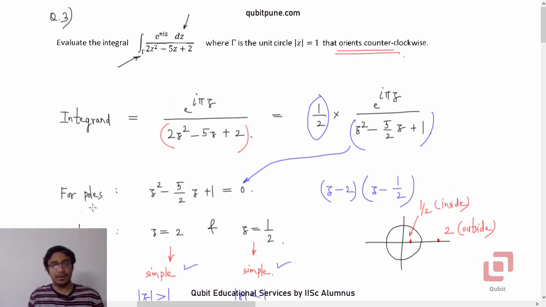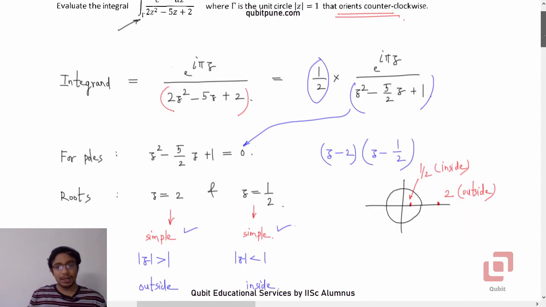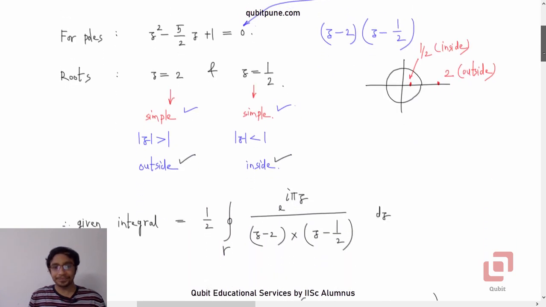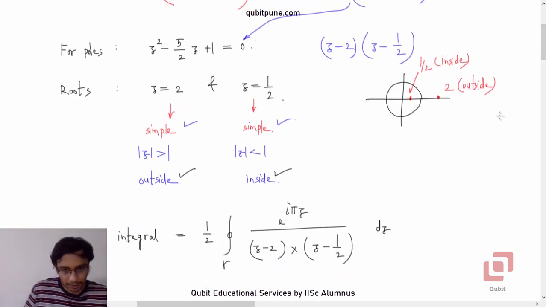If it had been a curve which includes z equal to 2 in its interior, then we would be required to add the residue at 2 to the residue at 1 upon 2. So the relative locations are z equal to 2 outside and z equal to 1 upon 2 inside. So only consider the pole at 1 upon 2. It is always good to first write the integrand in such a form so that the poles can be very easily identified, and then you can start applying the residue theorem.